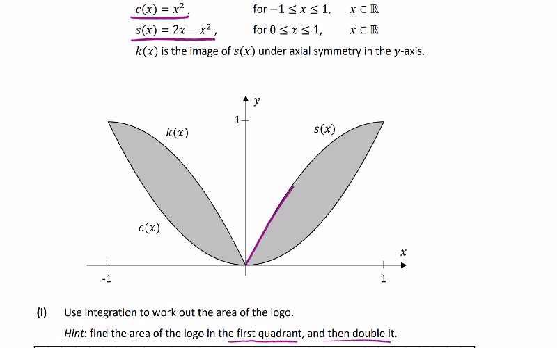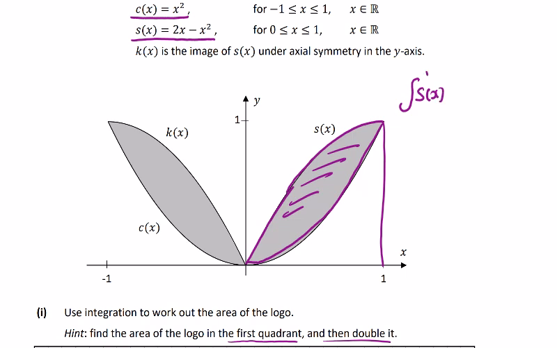So when we're integrating, we could find the area of just s of x down to here. That does go to 1. And then take away the one underneath here, and that would leave the area that's left. So if we integrate s of x between 0 and 1, we're going to get the integral of 2x minus x squared between 1 and 0.